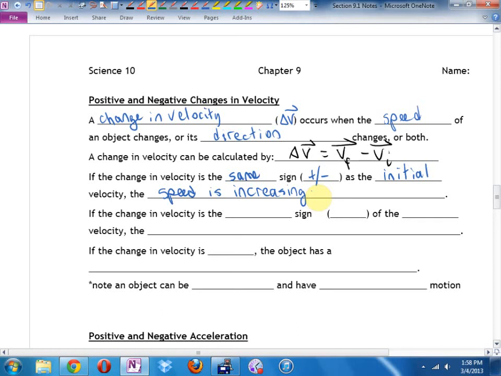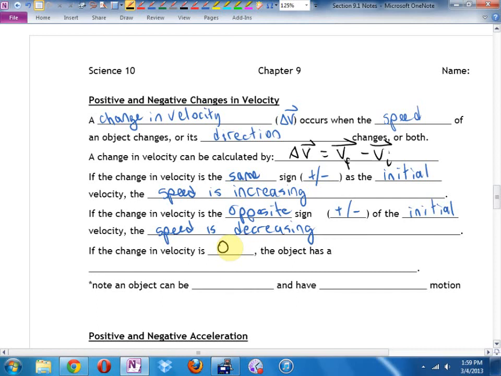If the change in velocity is the opposite sign, opposite plus or minus, of the initial, speed is decreasing. What about if the change in velocity, if you go final minus initial and you get 0? What does that mean?